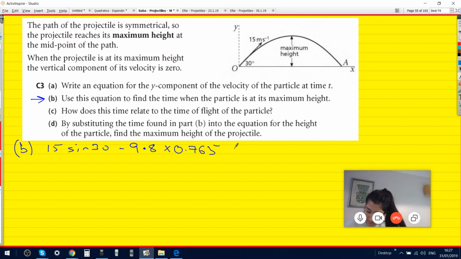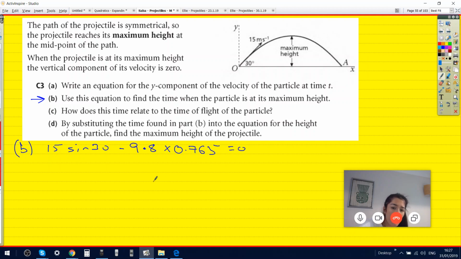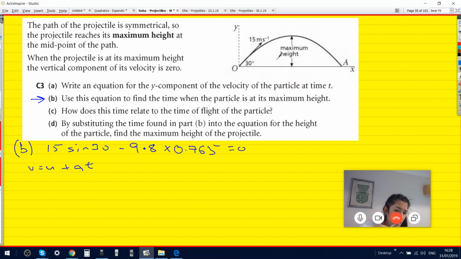Which gives you... No, that doesn't make sense. Did you get something close to 0? Yeah, of course you did. Did you put that half time of flight into that equation? Well, you did V equals U plus AT, and we just confirmed our answer. We're trying to find S. The vertical. Yeah.